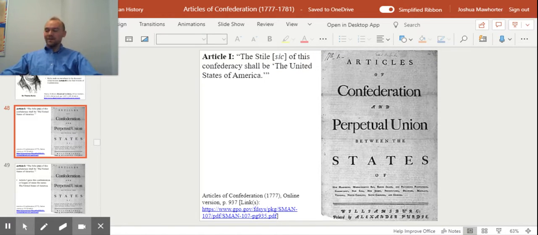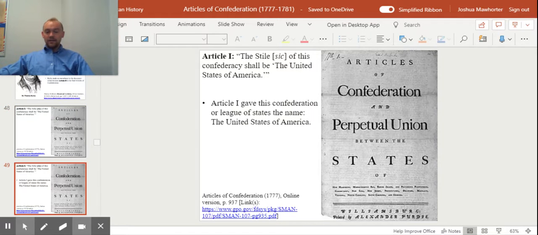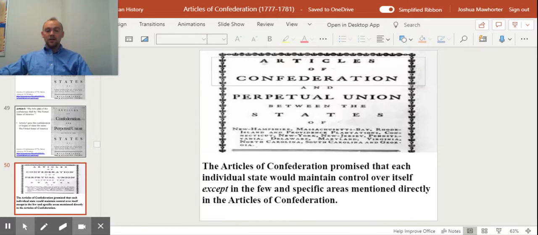They are states who are united in their war effort against Britain, united in their purpose to separate from the British government. There's not a ton here. Article 1 gave this Confederation or League the name the United States of America.